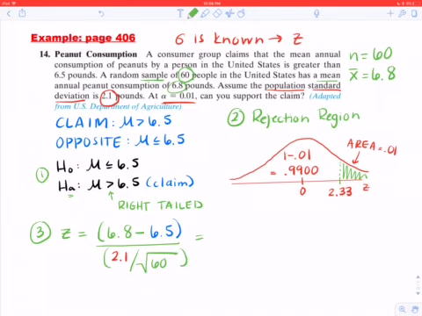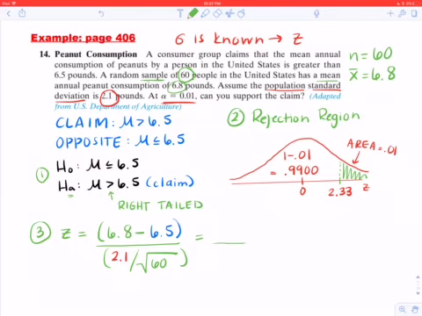All right, so again, I'm going to go ahead and work that out in steps. I'm going to take that standard deviation of 2.1, and I'm going to divide that by the square root of 60.